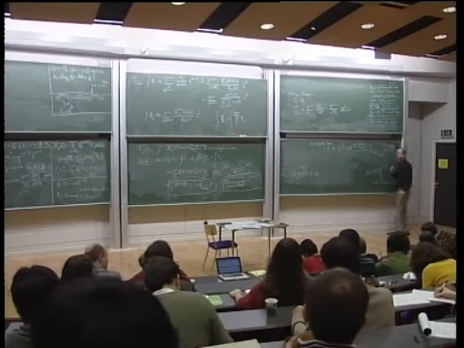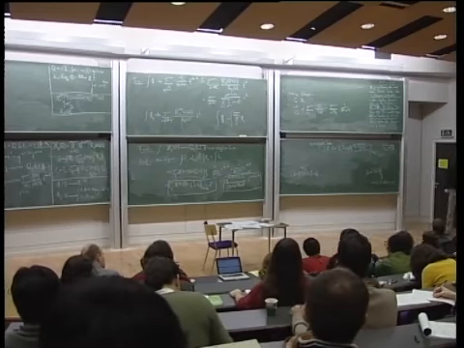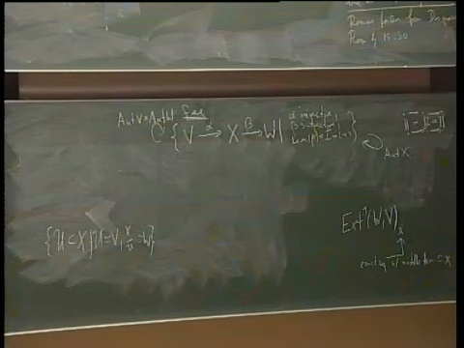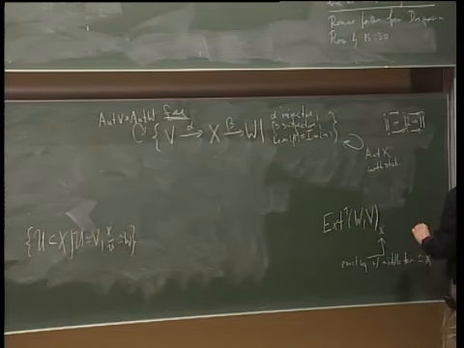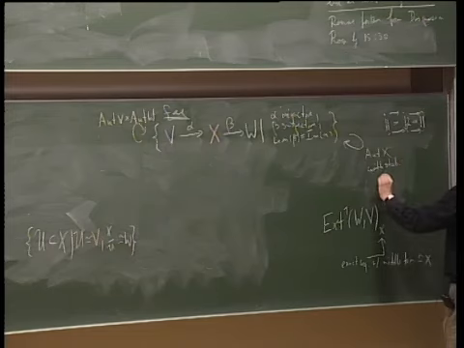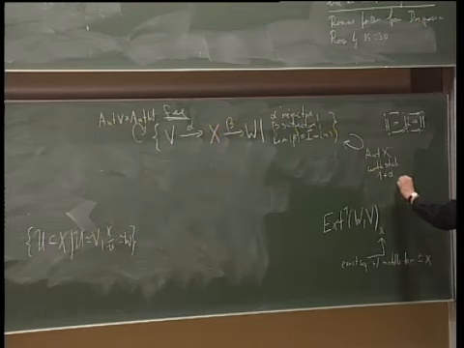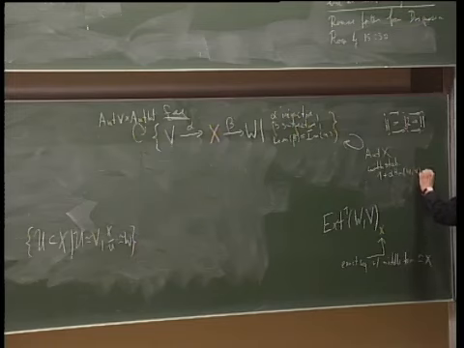This action by Aut X, that one is not free. It has a stabilizer. And the stabilizer of this action is the following subgroup of the automorphisms: 1 plus alpha times homomorphisms from W to V times beta.